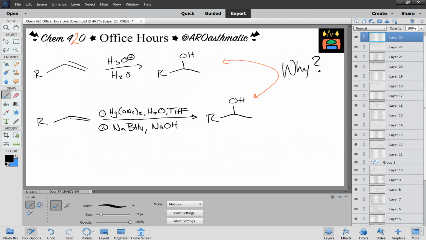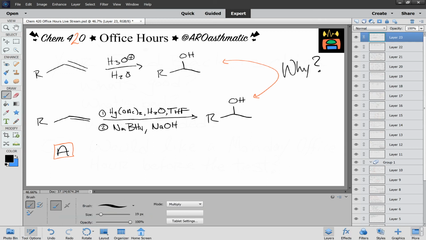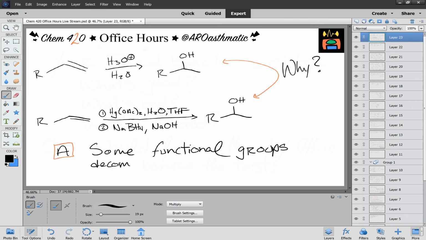And the answer is, as we'll see later this semester and going into next semester as well, there are some functional groups that decompose in the presence of acid, when exposed to acid.